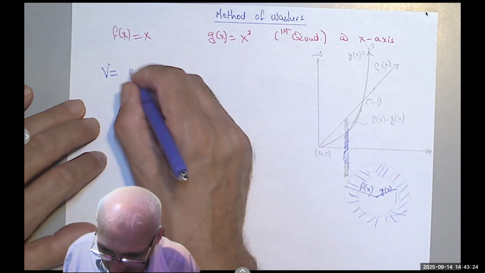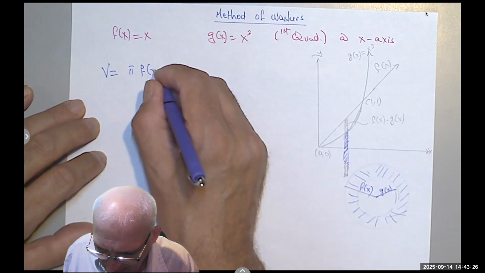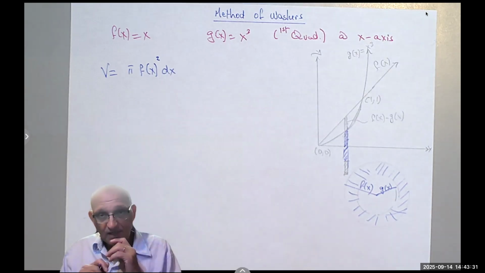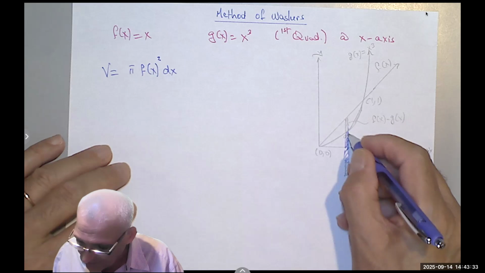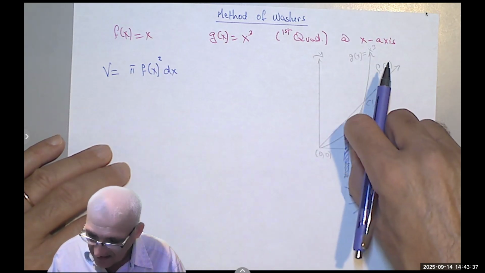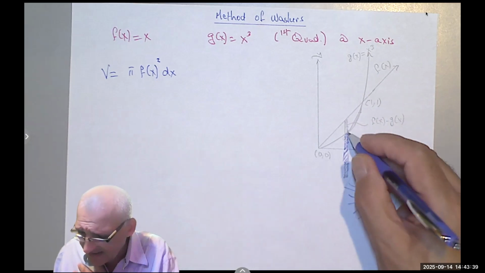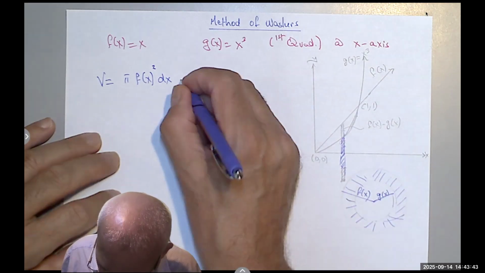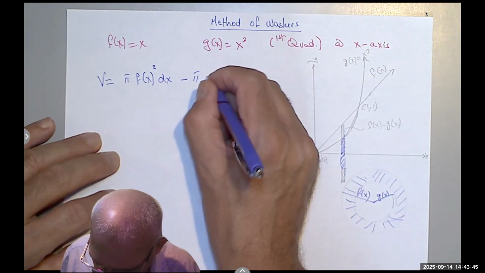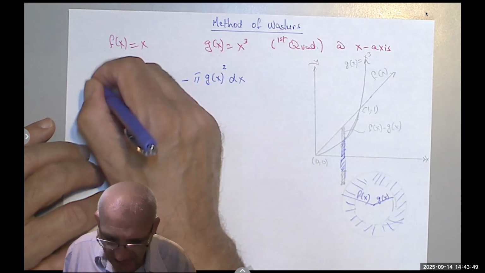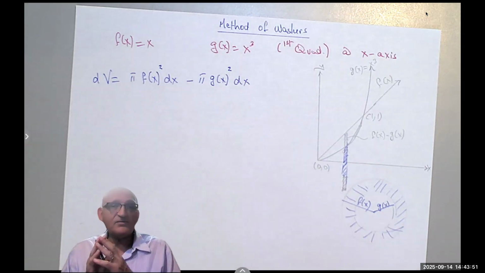So it's pi f of x squared dx, right? And then you cut from it a disk that has a radius of g of x. So minus the disk, which is pi g of x squared dx, and that's dV. That's exactly what we have.